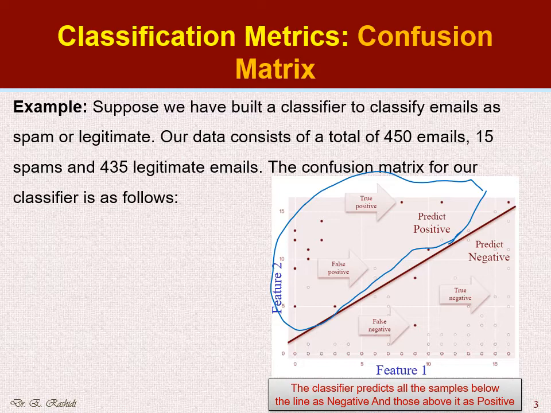For example, these data points right here, its true label, because it's empty, is white circle. Its true color actually is white. So it's actually a legitimate email, its actual label. But because it's above this line, it has been classified as positive. So it's a false positive.